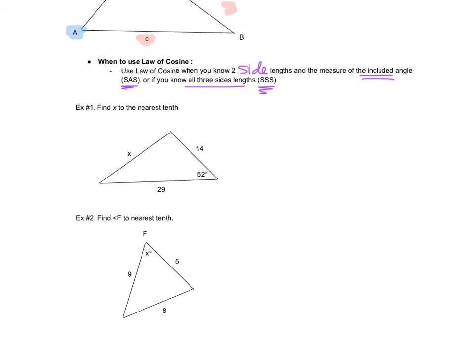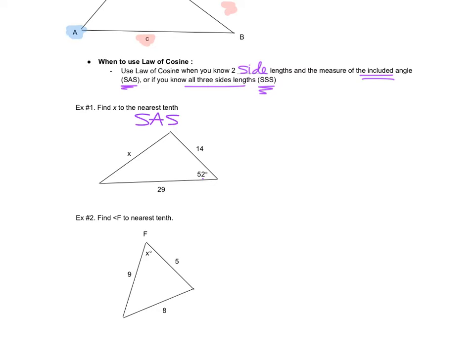We're just going to do it. So I'm going to show you two different scenarios. These are the only two scenarios you'll see. So right now, this is the SAS one, right? You have a side, the included angle, and a side. You'll be solving for a side length. This one's easy.